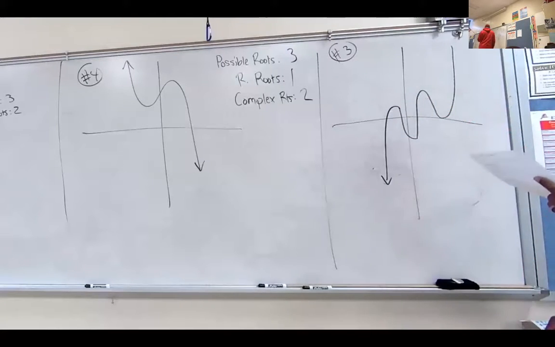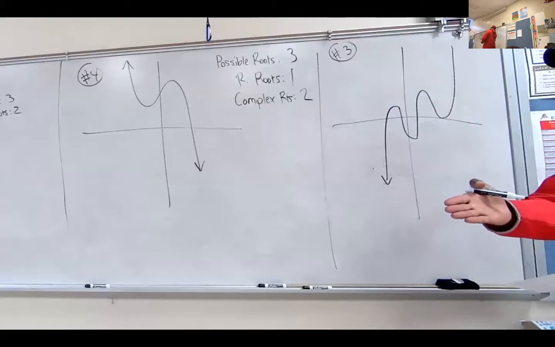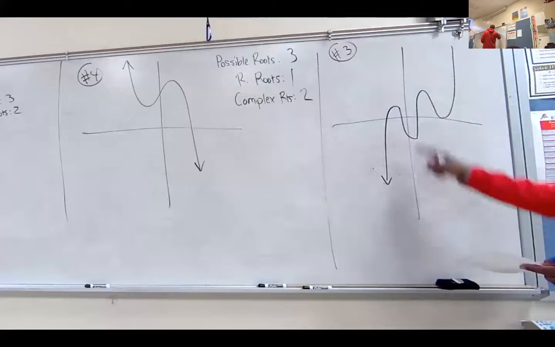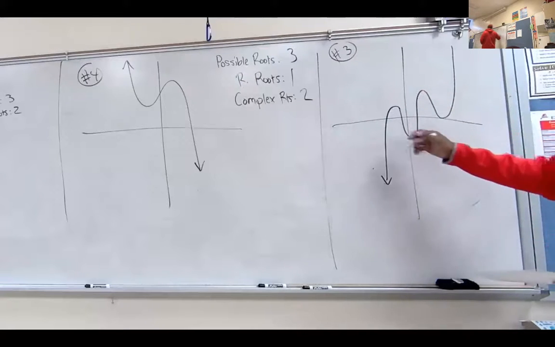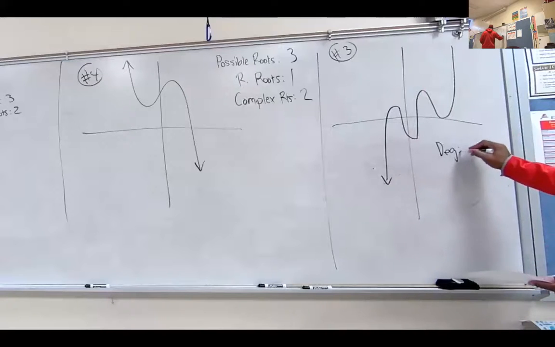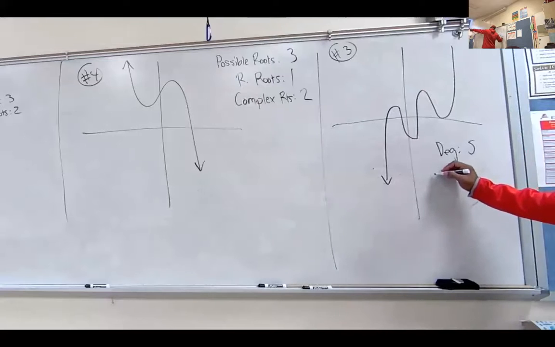So it crosses through 3 times and bounces. All right, so first of all, Giselle, how many terms? 3. Okay, 1, 2, 3, 4. 4. So what's the degree or possible roots? 5. Okay.